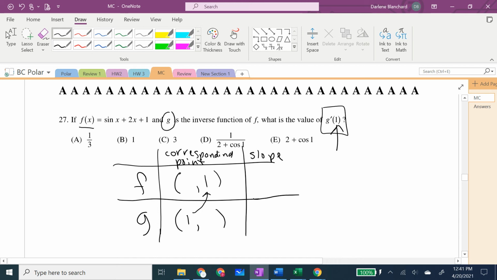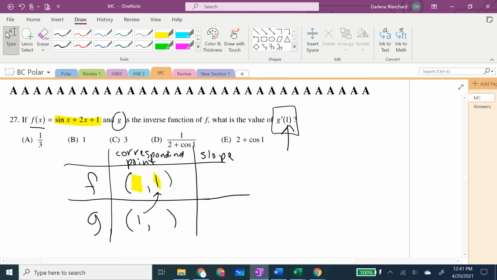And if I want to know the x coordinate that goes with f, I need to solve for this equation equal to 1. So let's write that down. Sine 2x plus 2x plus 1 equals 1.